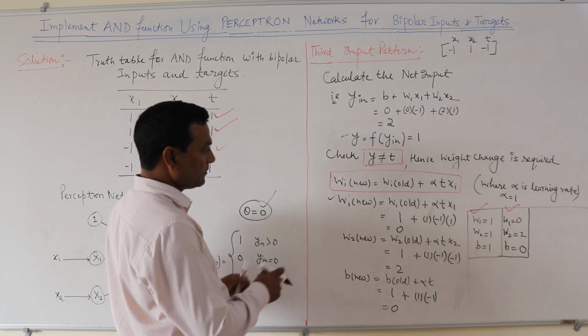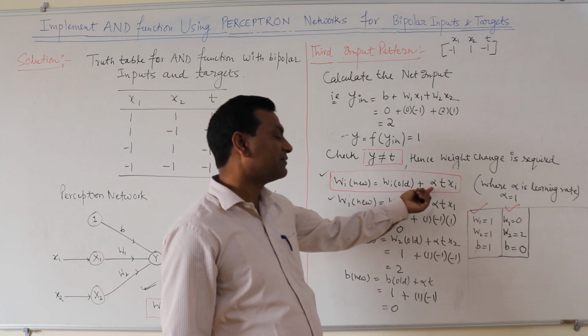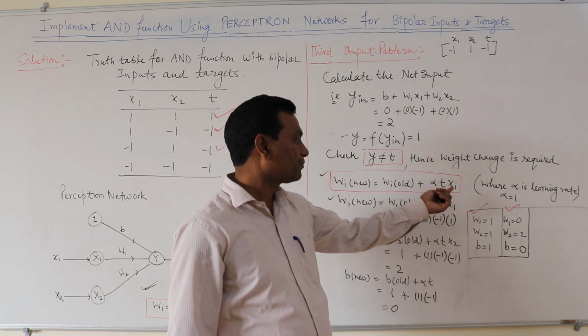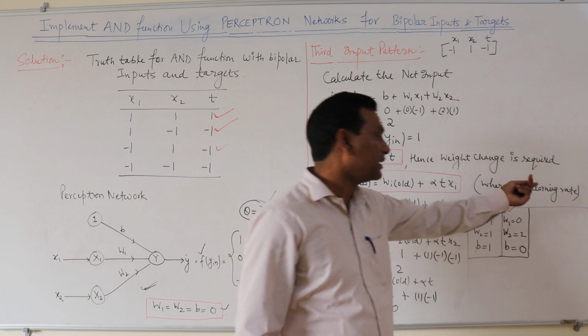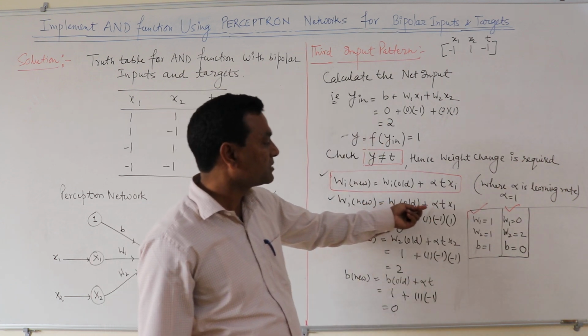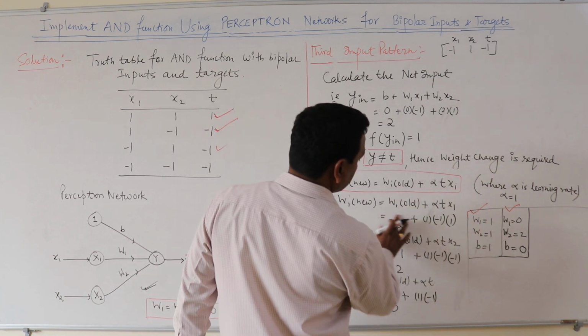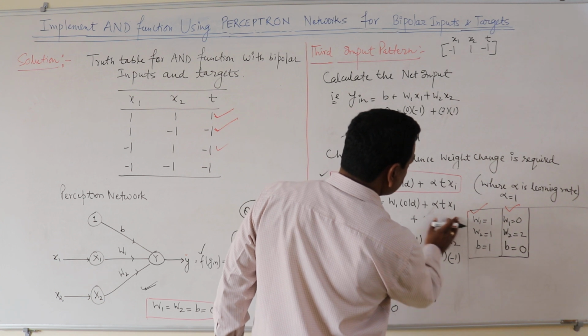So now again we will use the formula Wi new equals Wi old plus alpha t xi, where alpha is the learning rate, that is 1. Now W1 new equals W1 old plus alpha t x1. So again we can find out.